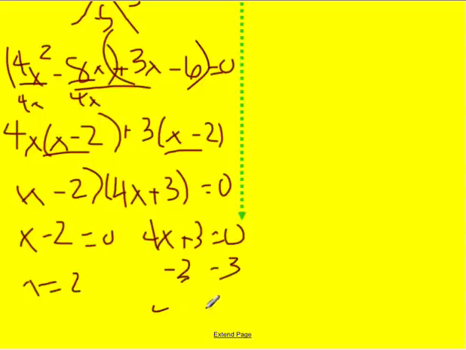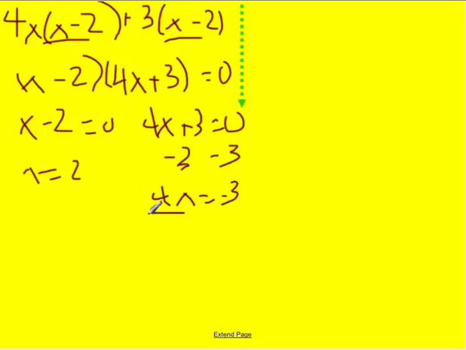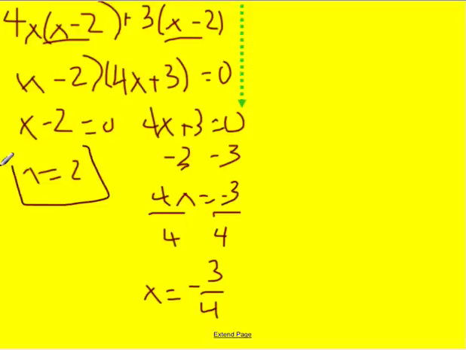So you get 4x is equal to negative 3. And then we're going to divide both sides by 4, and I get that x is equal to negative 3 over 4. So then we have x is equal to 2 and x is equal to negative 3/4.